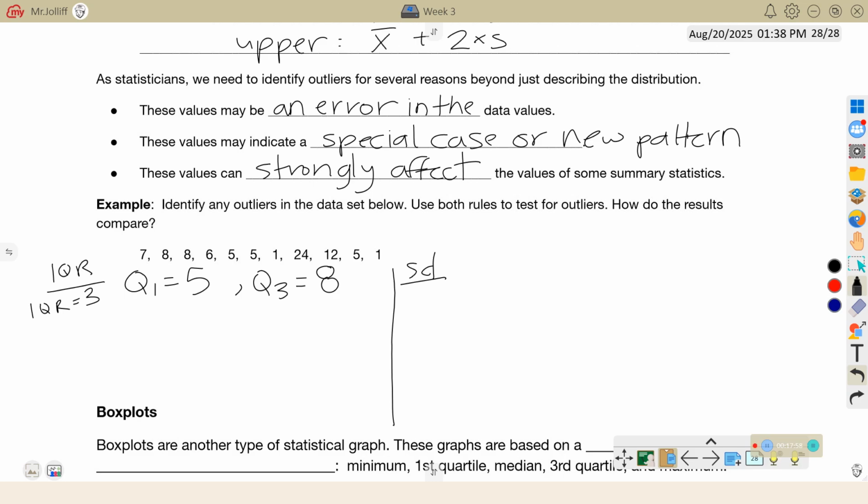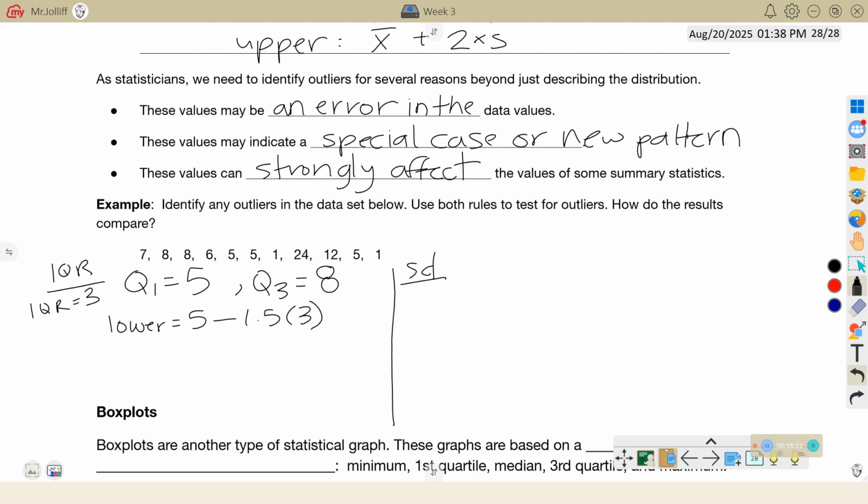I'm going to set up my lower and upper bounds. So lower is Q1 minus 1.5 times my IQR. So 5 minus 1.5 times 3.